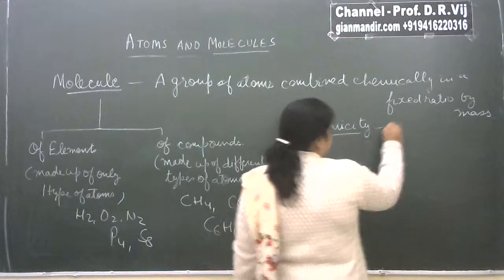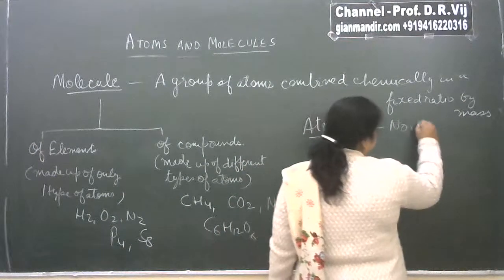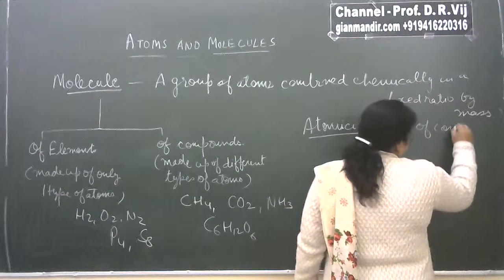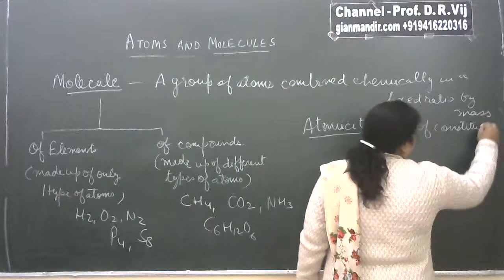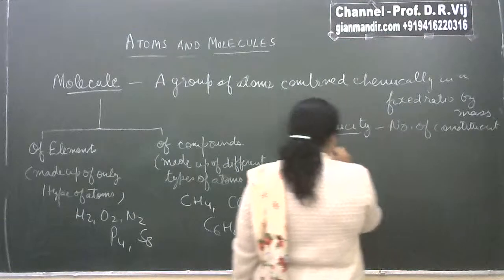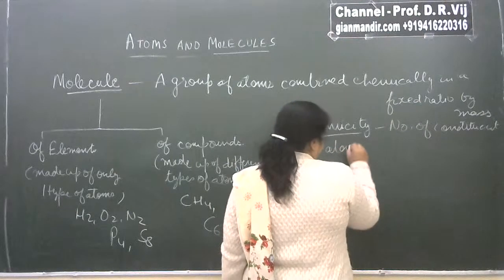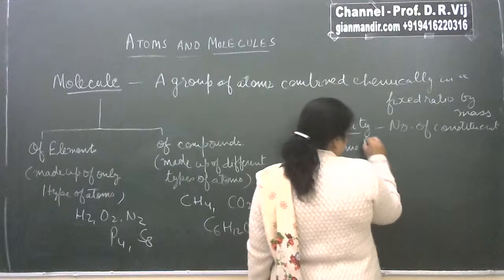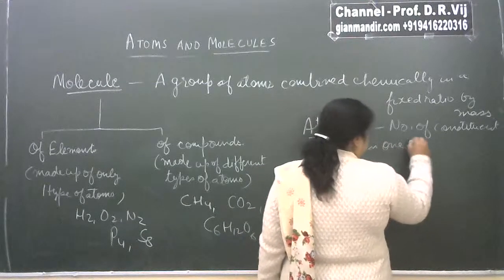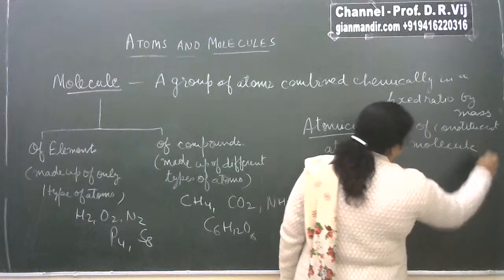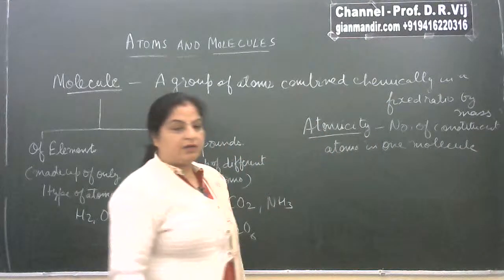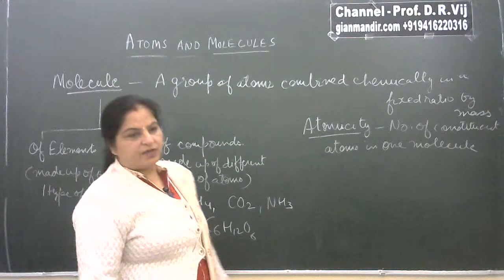So what is atomicity? Atomicity means the number of constituent atoms in one molecule, right? How many atoms are there in a molecule, that is known as its atomicity.